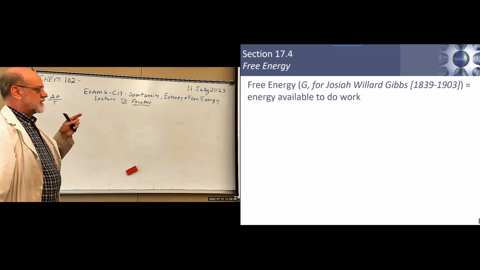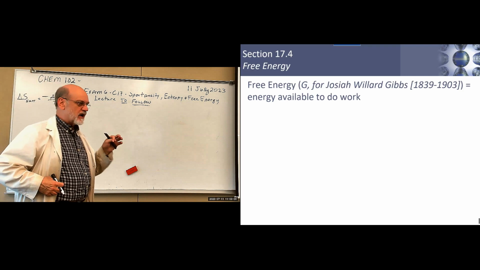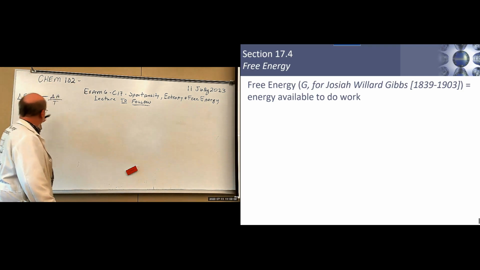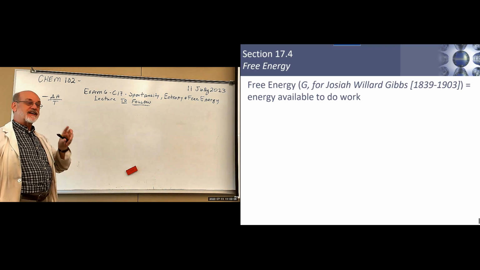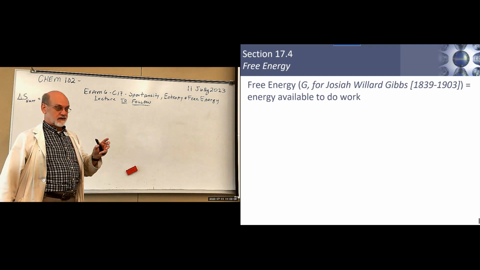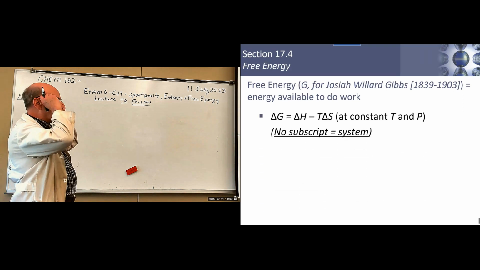He was interested in chemical reactions, how much of that enthalpy is available for useful work. So he worked on that for a while, and he wasn't the only one working on it.